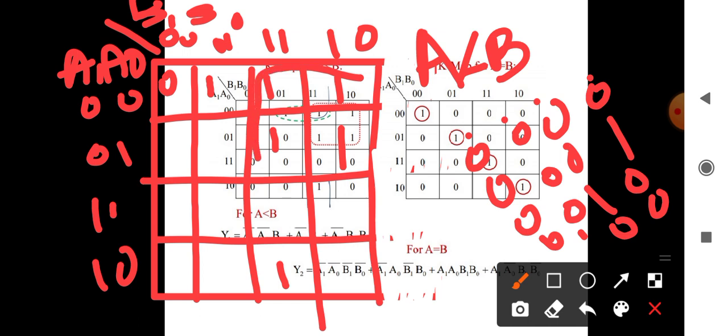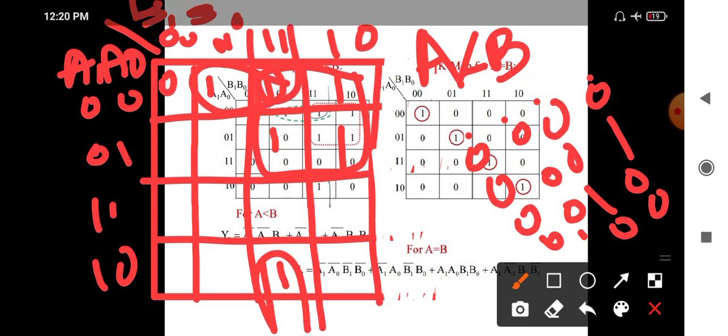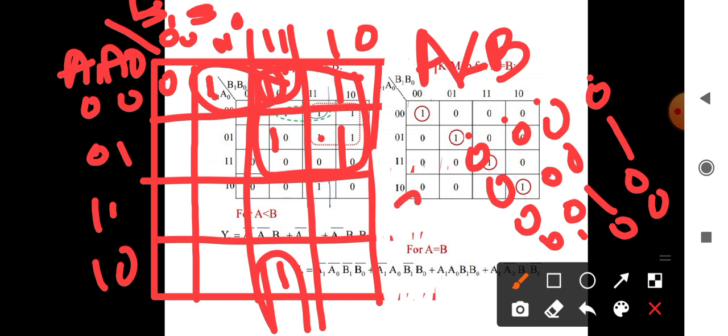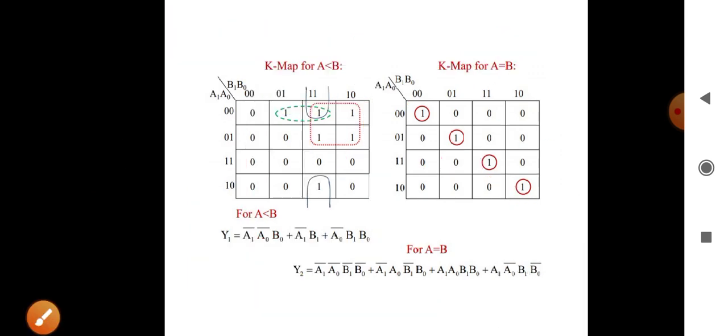We can have the quads here, and we can map this one like this, and this one like this. So here 3 groupings can be made.